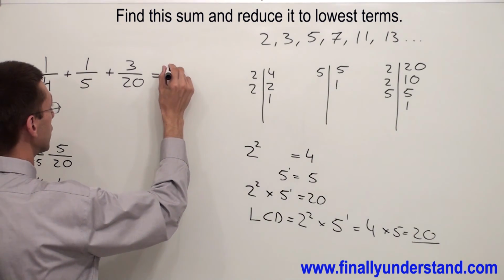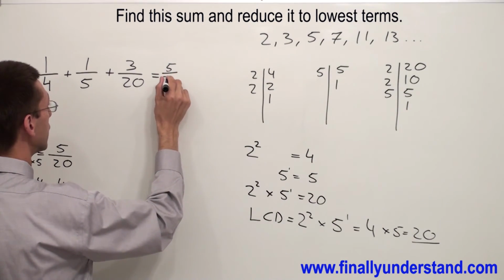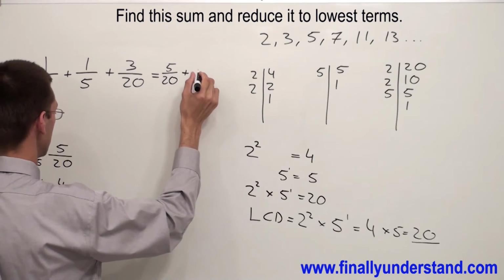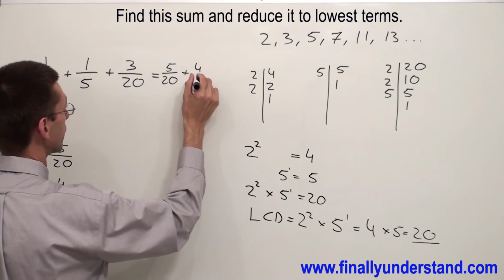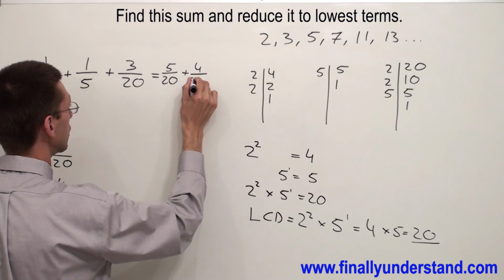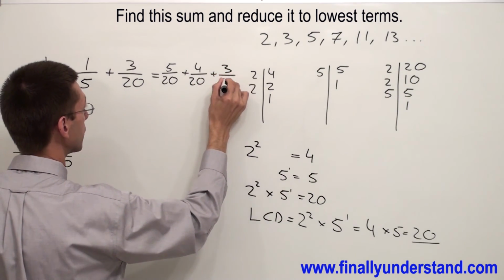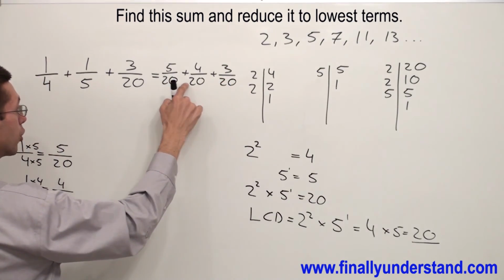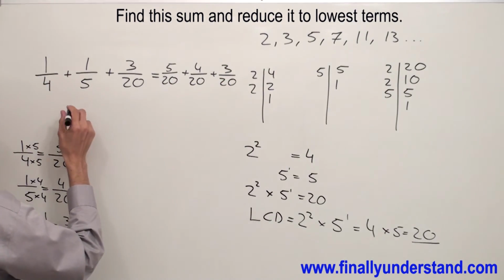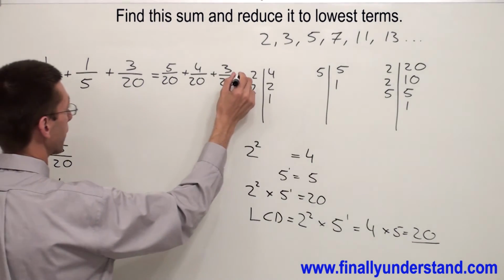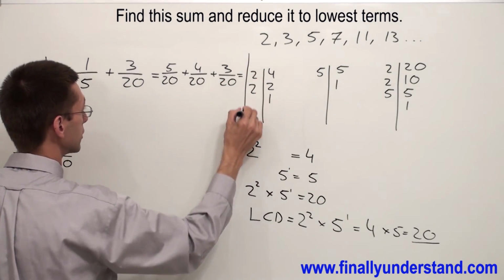So I have 5 over 20 plus 4 over 20 plus 3 over 20. I have a common denominator. So anytime you add fractions, remember, this is the separate part.